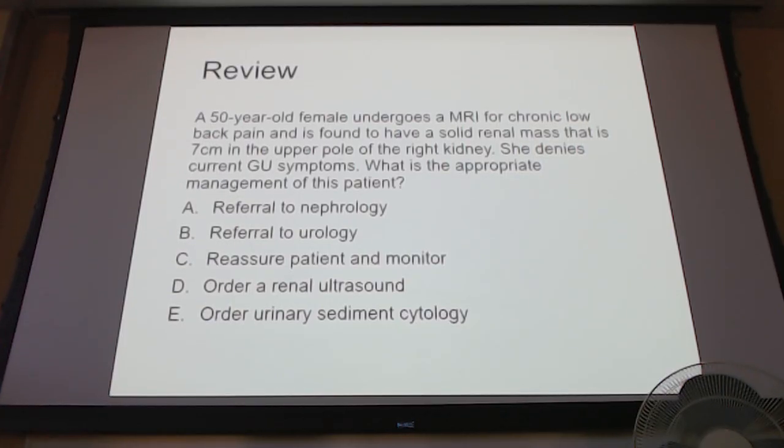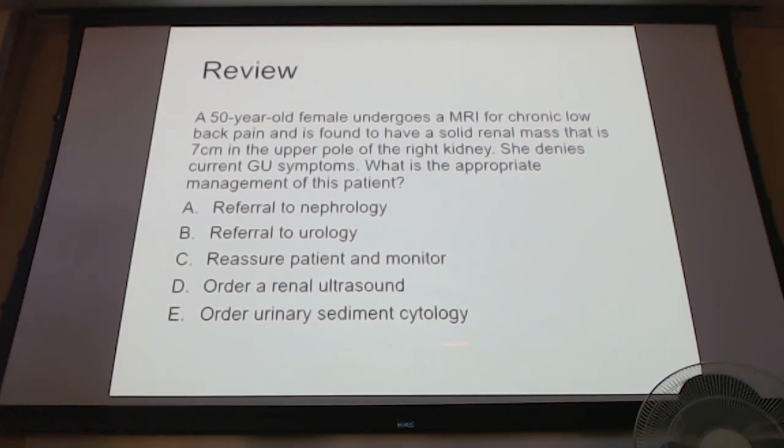D. It's definitely not reassure the patient and monitor. And why would you order a renal ultrasound? You already did an MRI. Is the ultrasound going to tell you more? No.